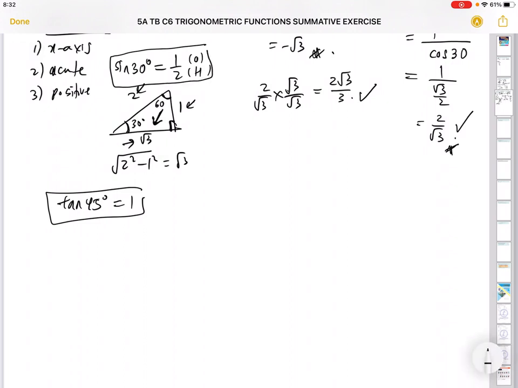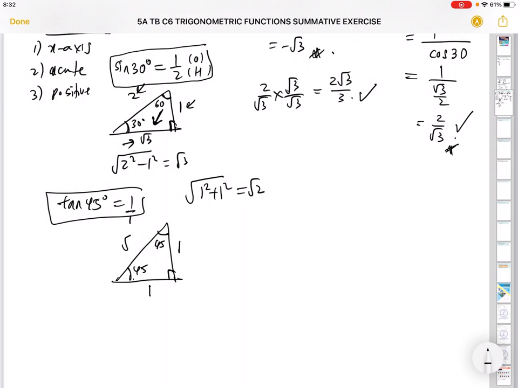So you need to draw out a triangle, which is not difficult. I draw like this. We know tangent is opposite over adjacent, which is 1 over 1. So your other angle here is also 45. Why? 180 minus 90 minus 45, you get another 45. Now, if I take 1 squared plus 1 squared, I put a square root over, I get square root 2, right?